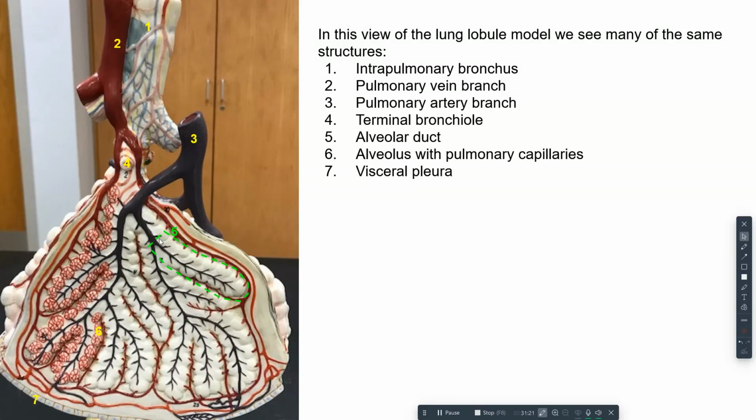I've got a bunch of alveoli in a row here, and all the alveoli in a row create an alveolar duct. And of course, we see individual alveoli over here, cobwebbed with pulmonary capillaries. And then this little layer of epithelium out here is my visceral pleura. So that is it for this beautiful model right here.